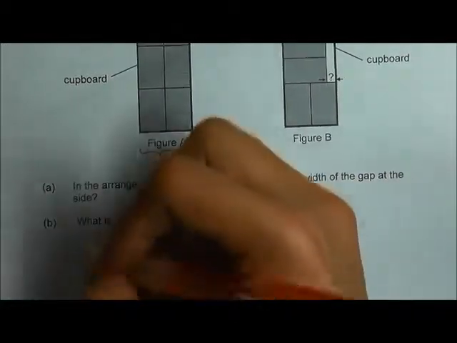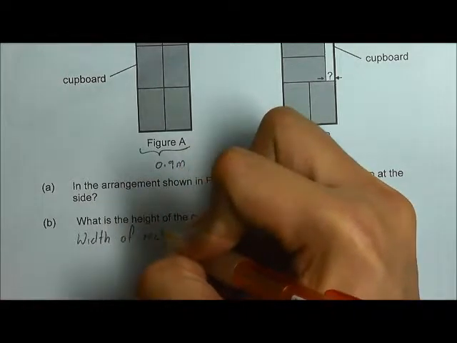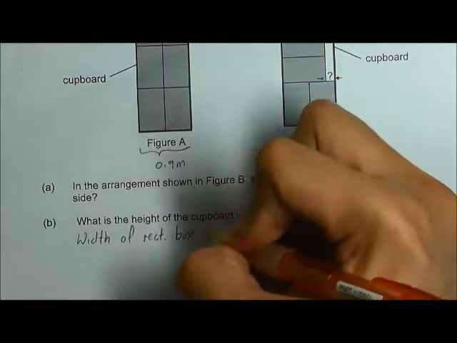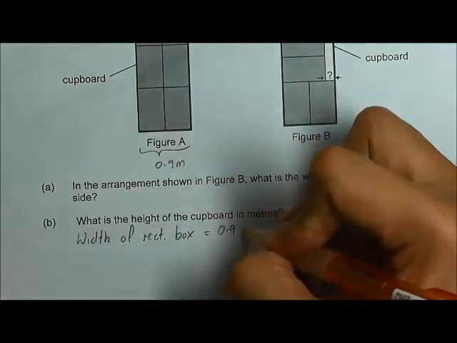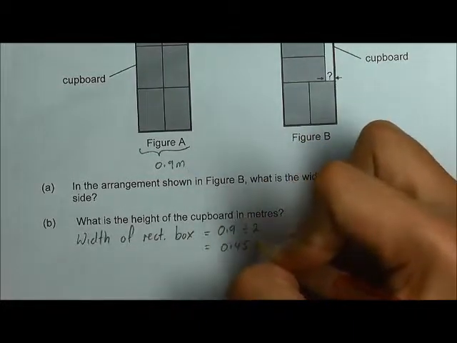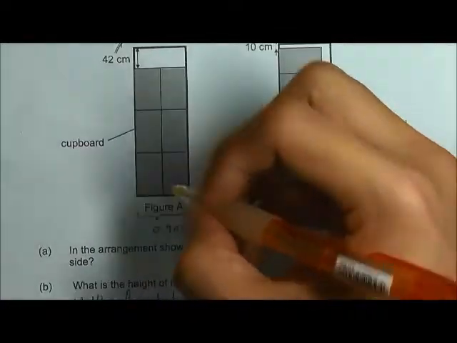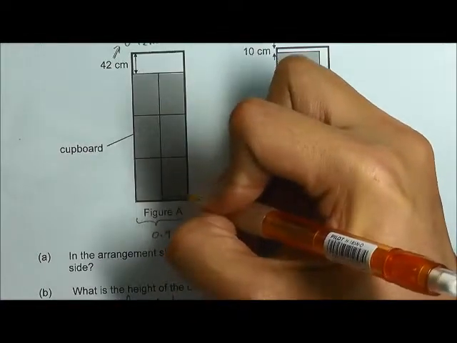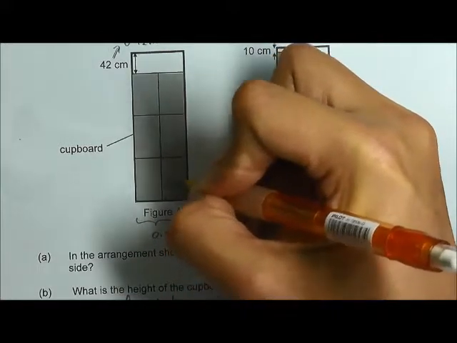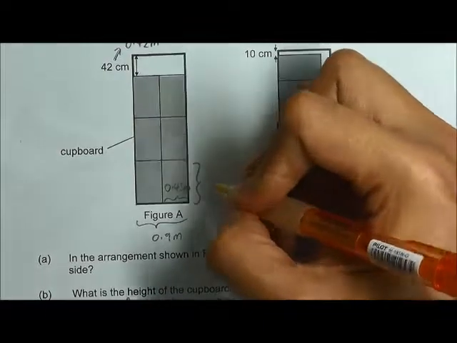So down here, the width of the rectangular box is equal to 0.9 divided by 2. That will be 0.45 meter. Next, we know that the width of the box is 0.45 meter, but we do not know the length of the box.